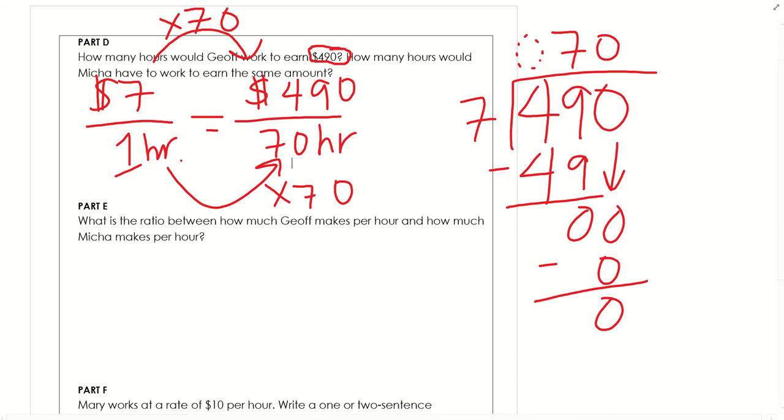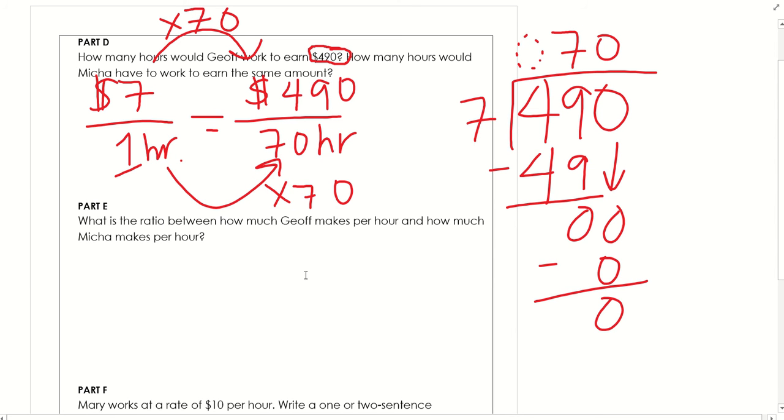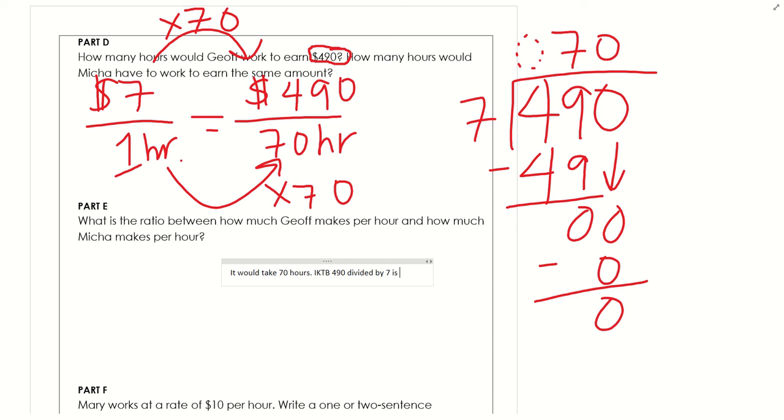So again, you would say, I'll answer this and then I'll put it back up there. You would say, it would take 70 hours. I know this because I would say 490 divided by 7 is 70.